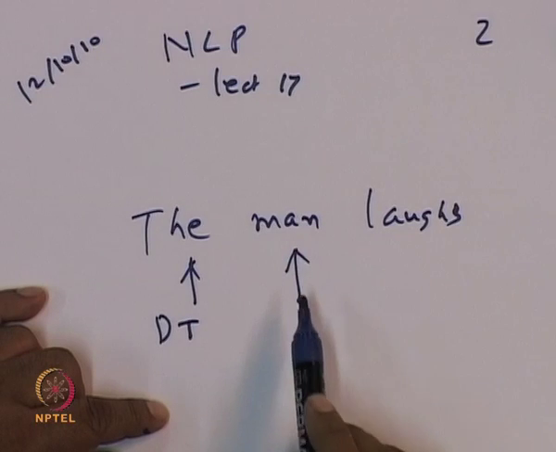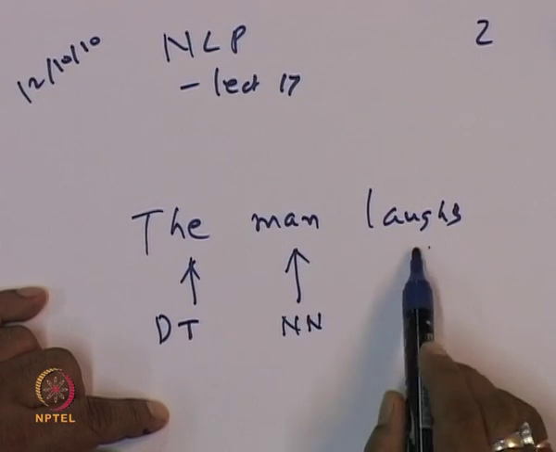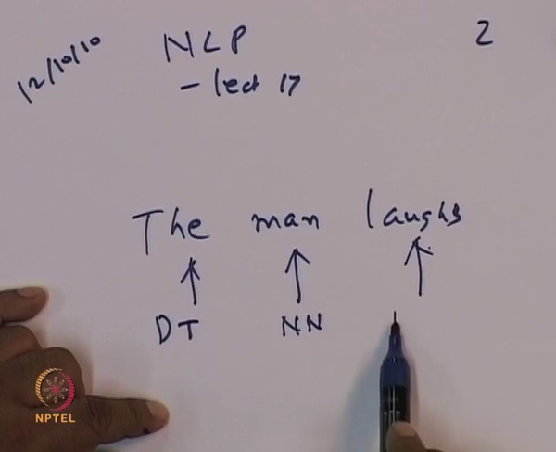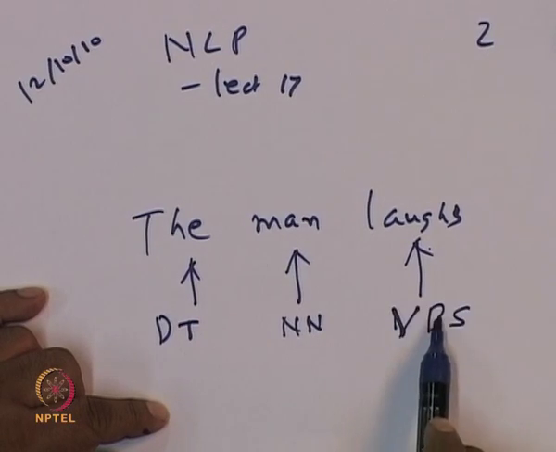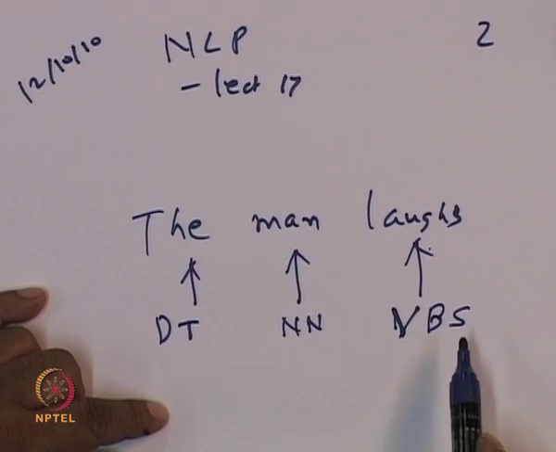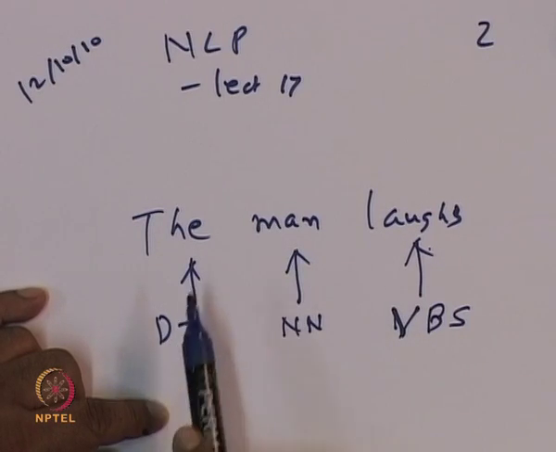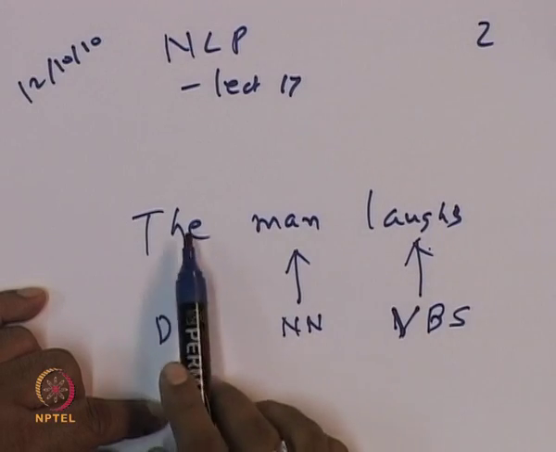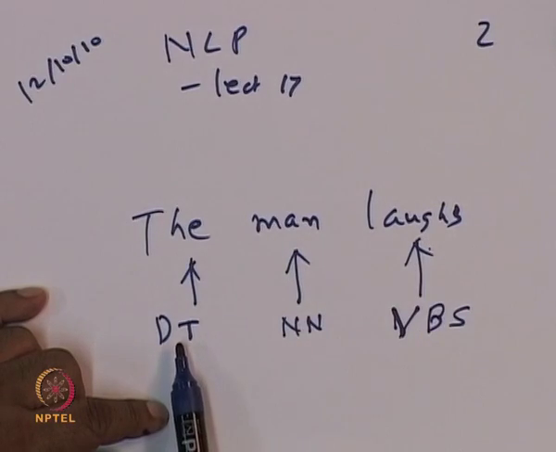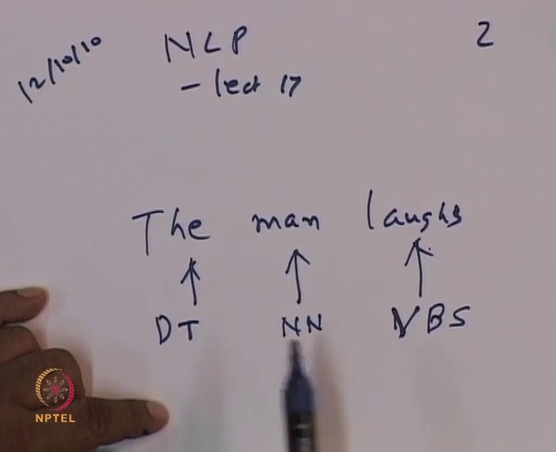The part of speech for "man" is noun, and the part of speech for "laughs" is verb. So, determiner, noun and verb. Now, we have the sequence of words: the, man and laughs. The sequence labeling task is to produce the parts of speech DT, NN and VBS.